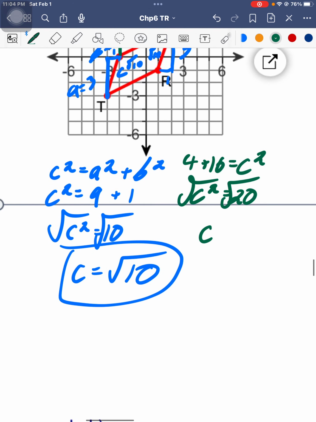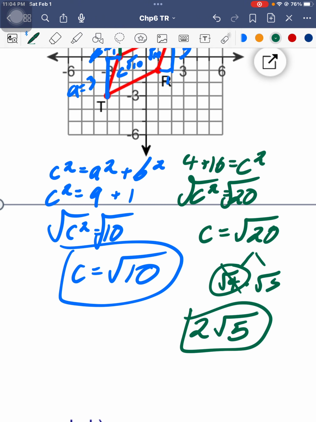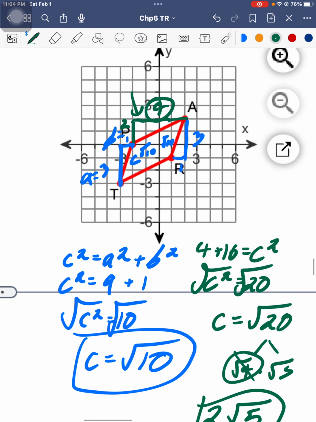Now, square root of 20 can actually be factored. We can break it down to square root 4 times square root 5. 4 is a perfect square, so let's take it out. Now we're going to have 2 square root of 5. So this side length right here is 2 square root 5.